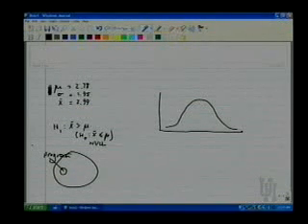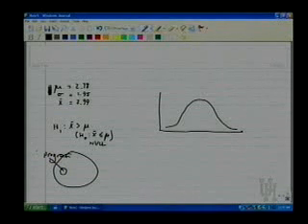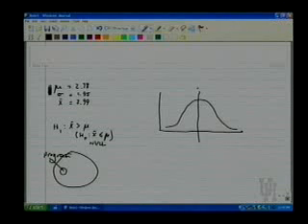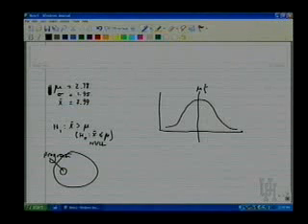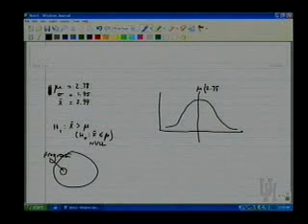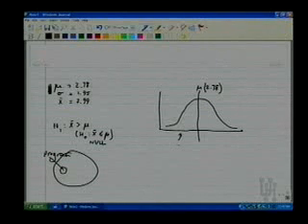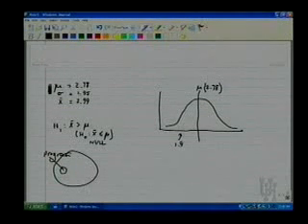It's normal. The sampling distribution of sample means is normal, and it has a mean equal to mu. In this case, it has a mean equal to 2.78, and it has a standard deviation equal to 1.95.